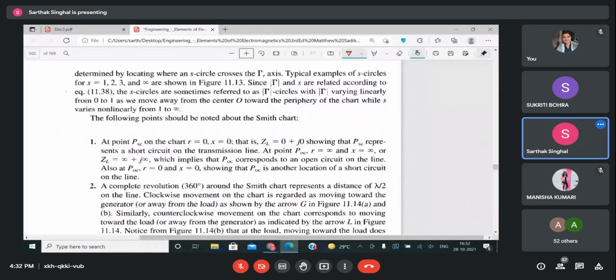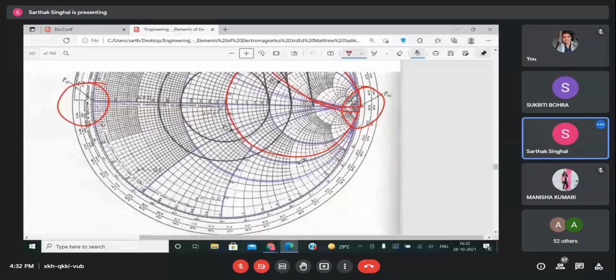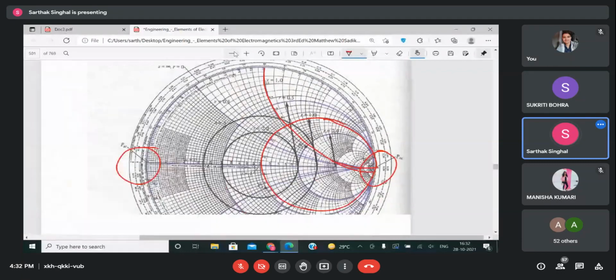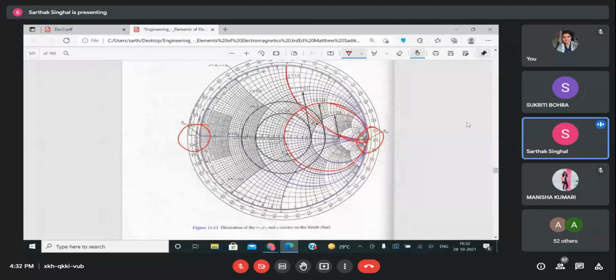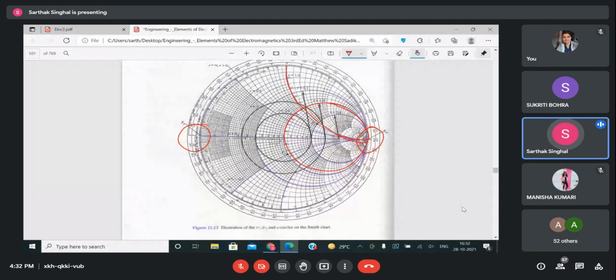And so let's solve. What is given? At point PSC on the chart, R is 0 and X is also 0. Okay? Yes, sir. And this complete rotation of the Smith chart represents a length of 0.5 lambda.